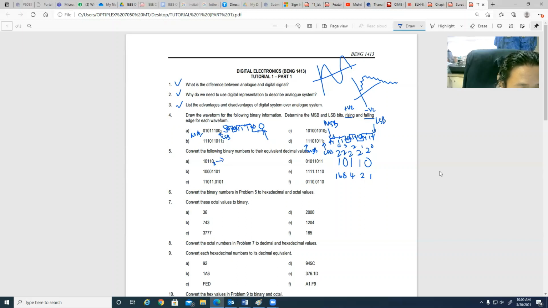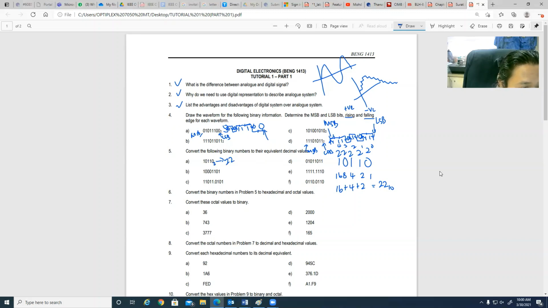So 1 multiplied by 16, that's 16, plus 0, and then 1 times 4, that's 4, plus 2 plus 0, which equals 22 in base 10. So for question 1, the answer will be 22.